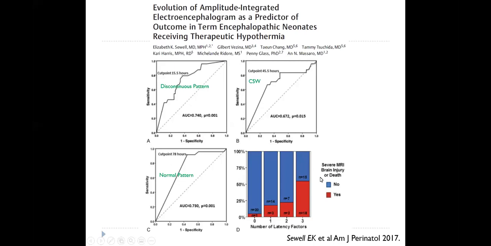Sometimes in our hospitals in developing countries, not only in Latin America, it is difficult to perform an MRI. In my hospital, we don't have MRI. We need to transport the baby to another hospital to get an MRI.